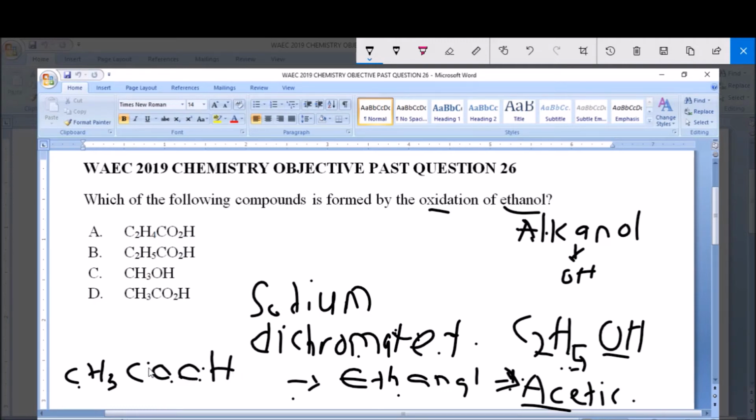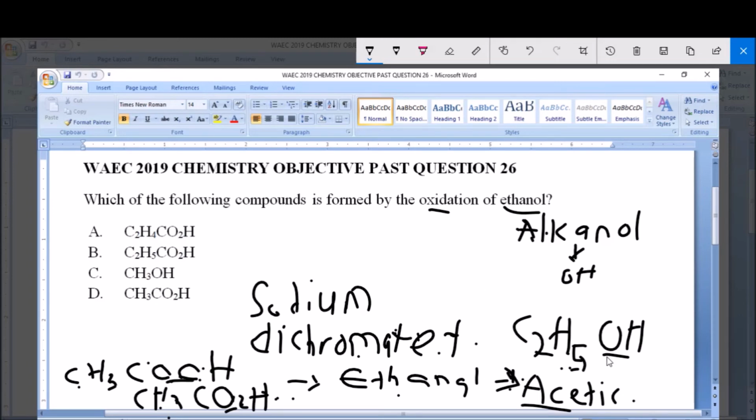And CH3COOH can also be written as CH3CO2H. The reason is because here you have two oxygen atoms, so it is represented by CO2H. So that is the process of the oxidation of ethanol.